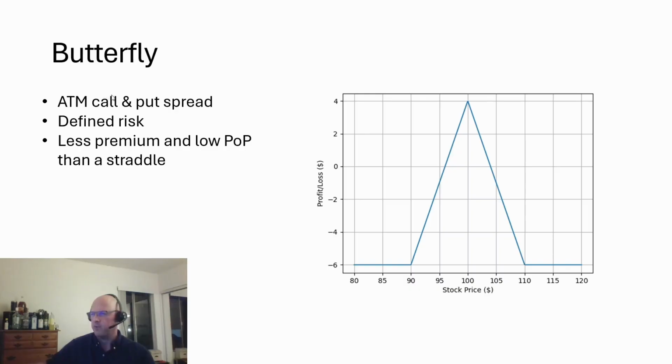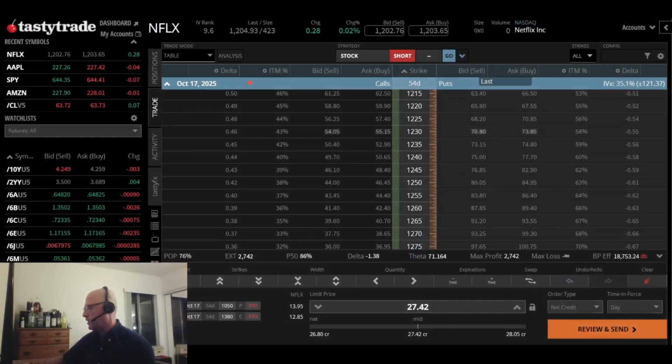This is the sale of an at-the-money call and put spread. You could also think of it as the sale of a straddle and buying a wider strangle to define your risk. But you collect a lot less premium, and your POP, your probability of profit, is lower than even the straddle. So let's switch back over to Tasty and let's discuss the butterfly.